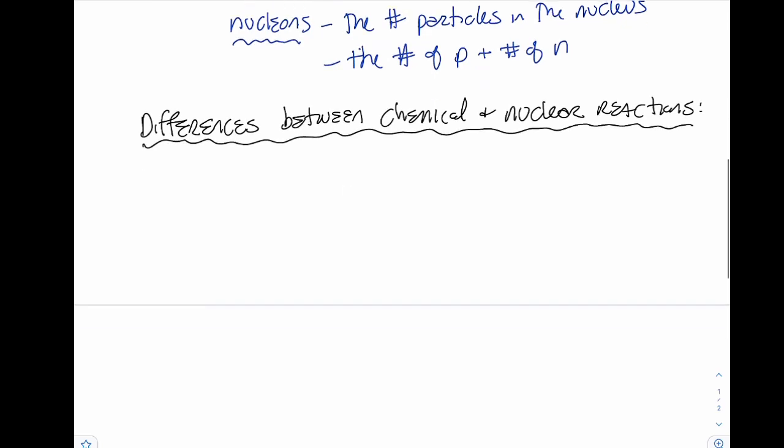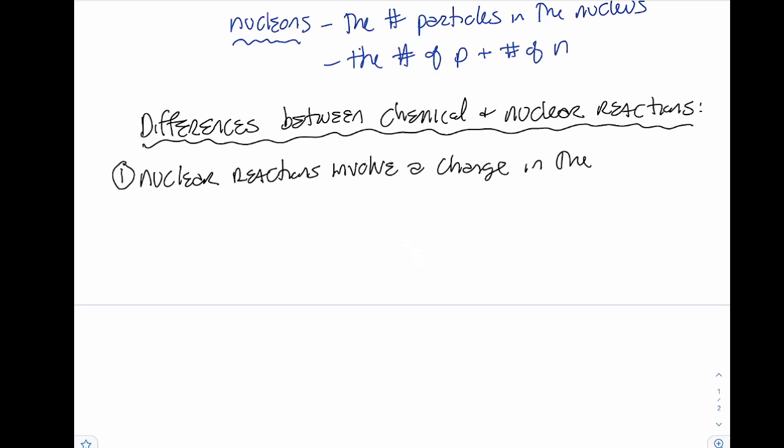Our first one: nuclear reactions involve a change in the atomic nucleus. Often we actually produce a different element.